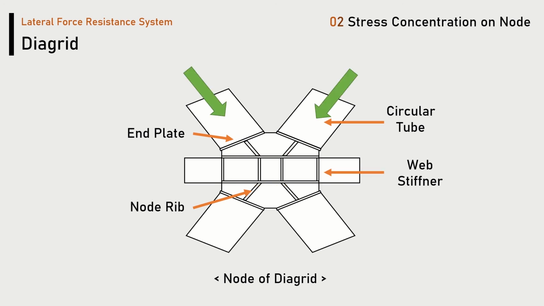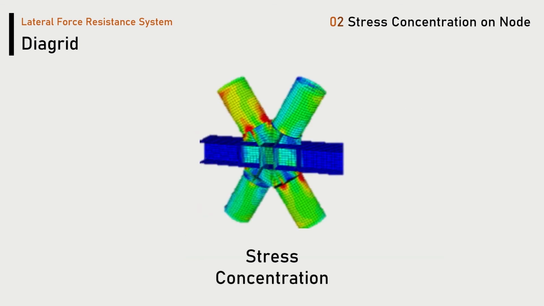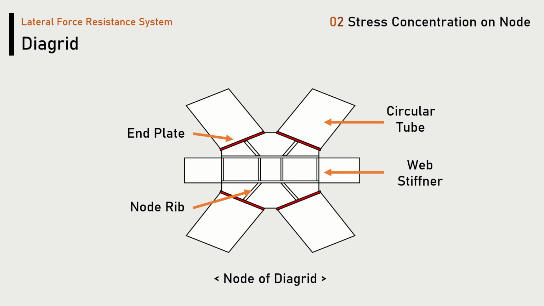When a force is applied to this junction, stress is transmitted from the upper tube to the previous same components, and then to the lower tube. During this process, stress concentration occurs in the end plate, node lip, and circular tube. This picture shows the degree of stress concentration in the experimental results. To solve this, the end plate should be reinforced mainly to prevent the destruction of members that are subjected to this stress concentration.